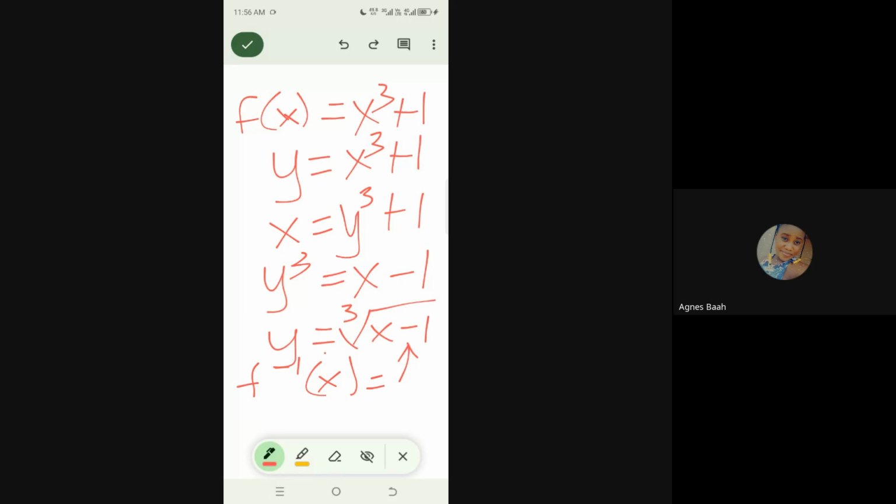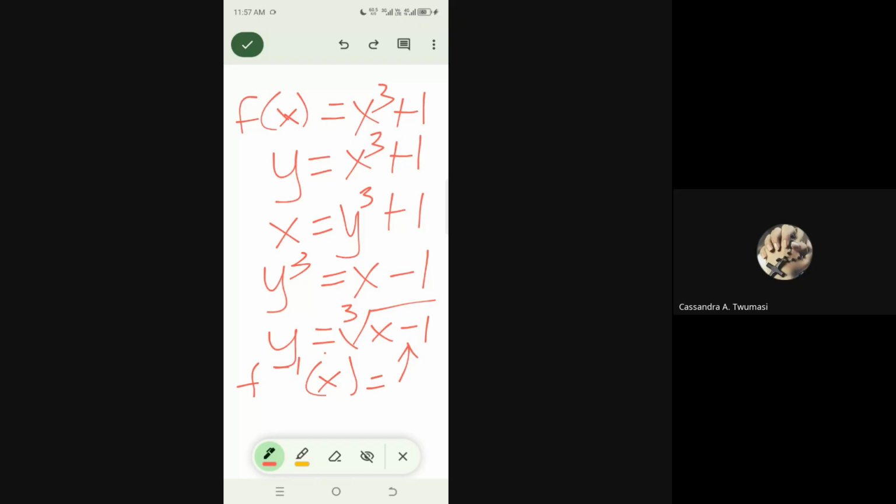Please, are you okay? After getting this, the next thing they are asking us to do is to find f inverse of 9. So what will be f inverse of 9? You are doing it for me. Wherever you see x, you put 9. That is 2.